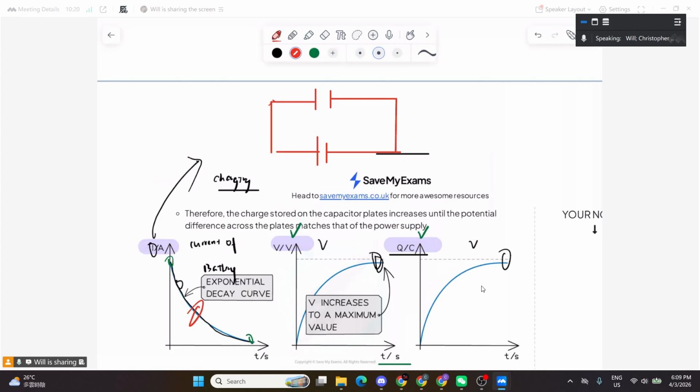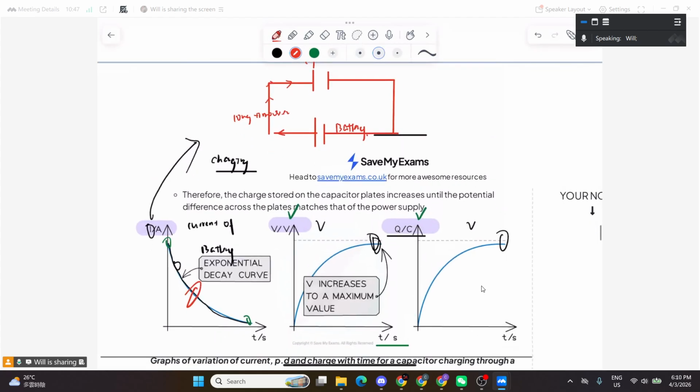And we know that the energy stored in the battery is limited, right? After a long time, all of the electrical energy will flow to the capacitor.